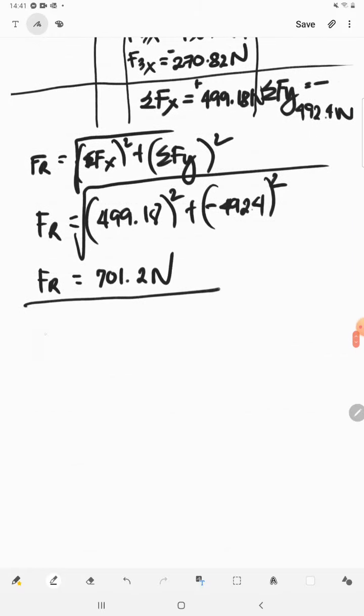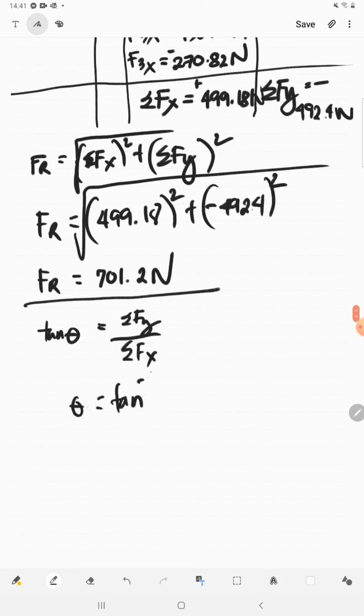Getting the angle, our tangent of theta is equal to the summation of Fy divided by the summation of Fx. Therefore, our theta is shift tan of negative 492.4 divided by positive 499.18.